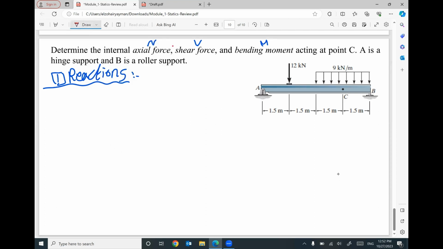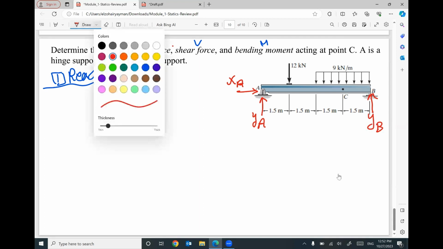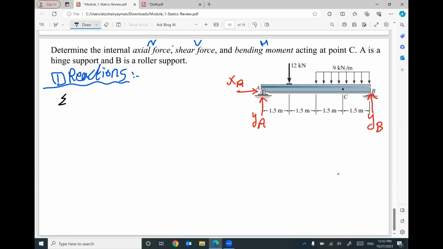A is a hinge, so I have 2 reactions, XA, YA. B is a roller, so I have only 1 reaction, YB. Then I am ready to apply the 3 equilibrium equations: summation f of x equals 0, summation f of y equals 0, summation moment at any point equals 0.